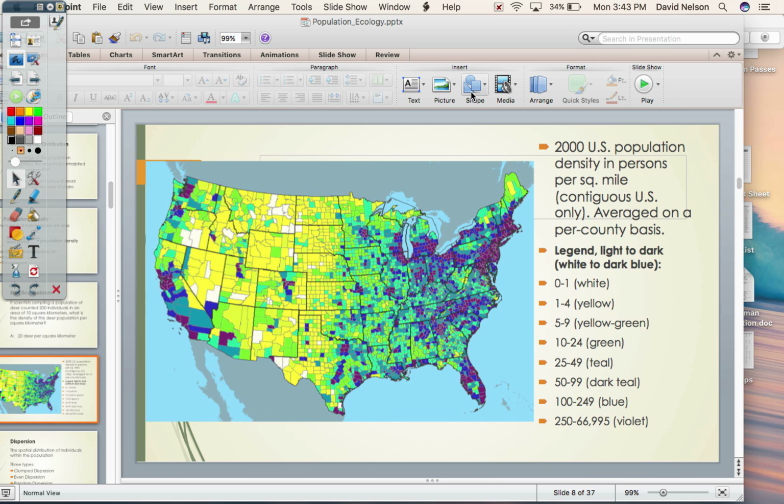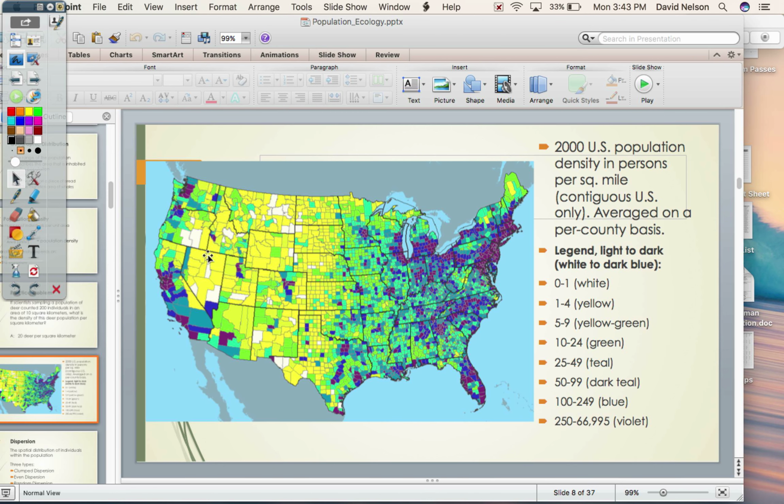This is actually a picture of the density of the United States back in 2000. If we look at this legend here, we see that the lighter colors, white, transition over to darker colors, where white is the least densely populated and the violet color is the most densely populated. We can tell that out west we have a much lower density than we do over here in the east.